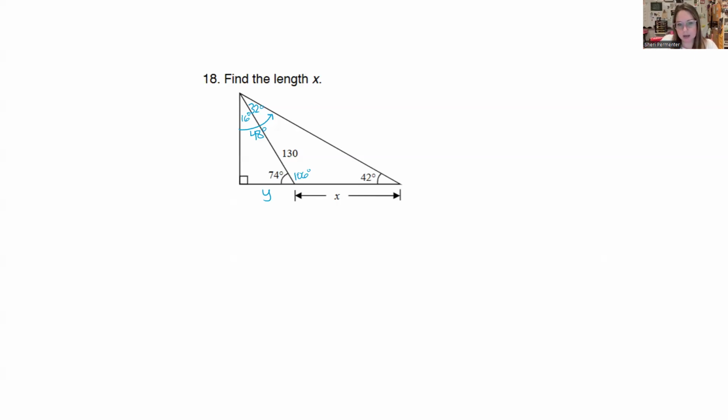So I'm going to say cosine of 74 is equal to adjacent, which is y, I'm just calling it y, over 130. How would I get y by itself? I need to get rid of 130, so I'm going to bring it over and multiply by 130. So I'm going to type in my calculator, 130 cosine 74. Enter. What do you get?